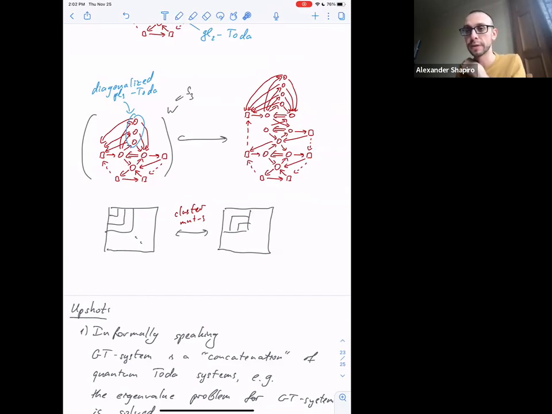The whole point of this cluster is that the Casimirs of UQGLN are very nice in this cluster. The top Casimirs are just some symmetric function of the ratios of this variable to this one, this to this one, and the lower Casimirs for GLK inside GLN are just the Hamiltonians of the Toda.